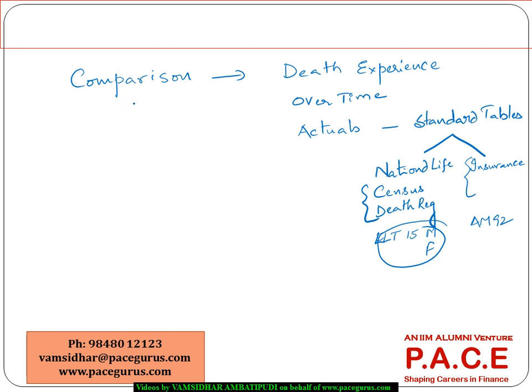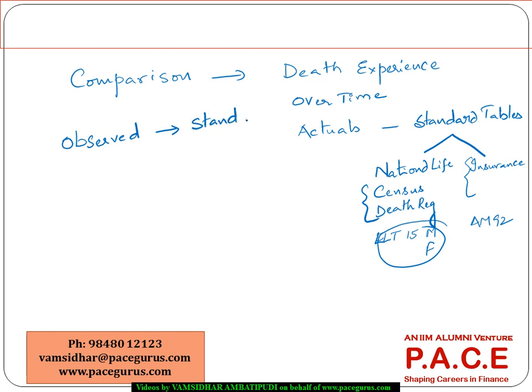So that is where some of the consistencies which we would like to check out in this process is, okay, whatever are my observed rates, are they consistent with respect to the standard table?